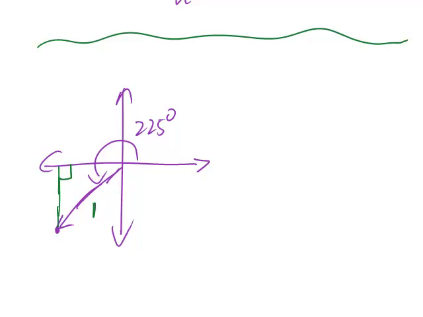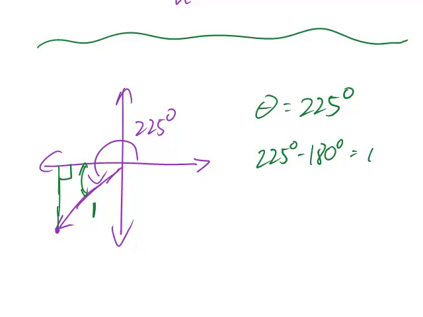Now the question is, what's the reference angle of 225 degrees? If theta is 225, it's in the third quadrant, so to find this angle we subtract 180 degrees, and that gives us 45 degrees, and that's theta ref. So this over here is 45 degrees, which means we have a 45, 45, 90 isosceles right triangle on the bottom left.